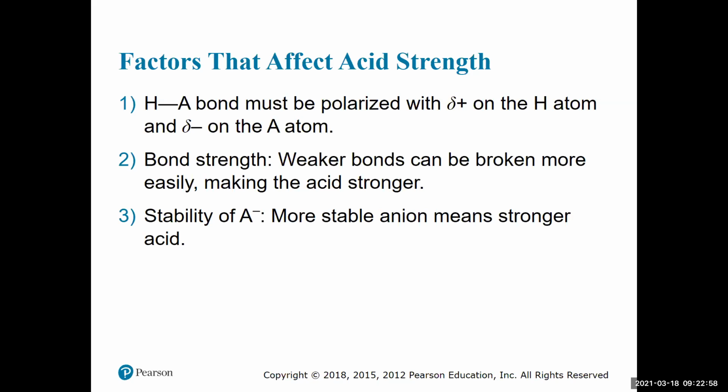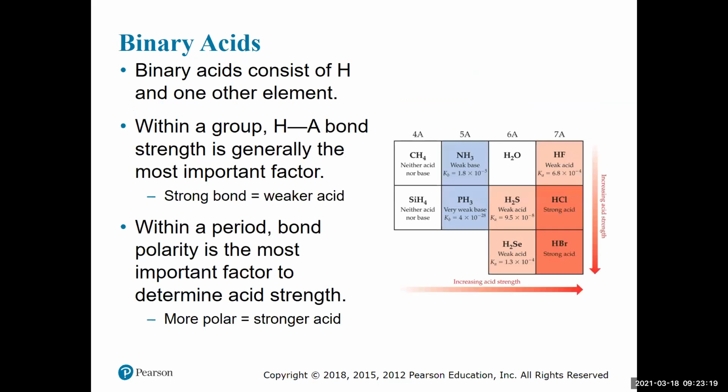And then the third one is stability of whatever that anion is going to be. It kind of makes sense that if the resultant anion is pretty stable, then it's probably a stronger acid, because it's more likely for that to occur. And so these are some factors that affect acid strength.